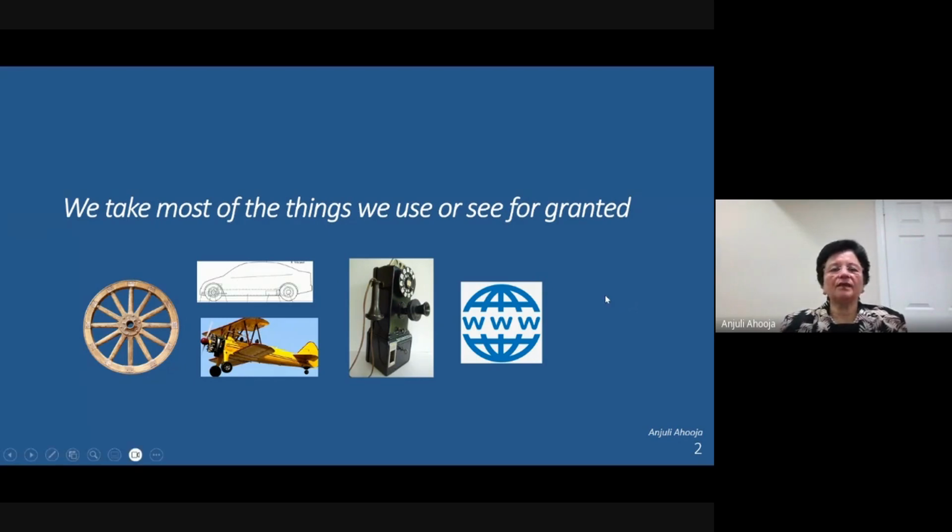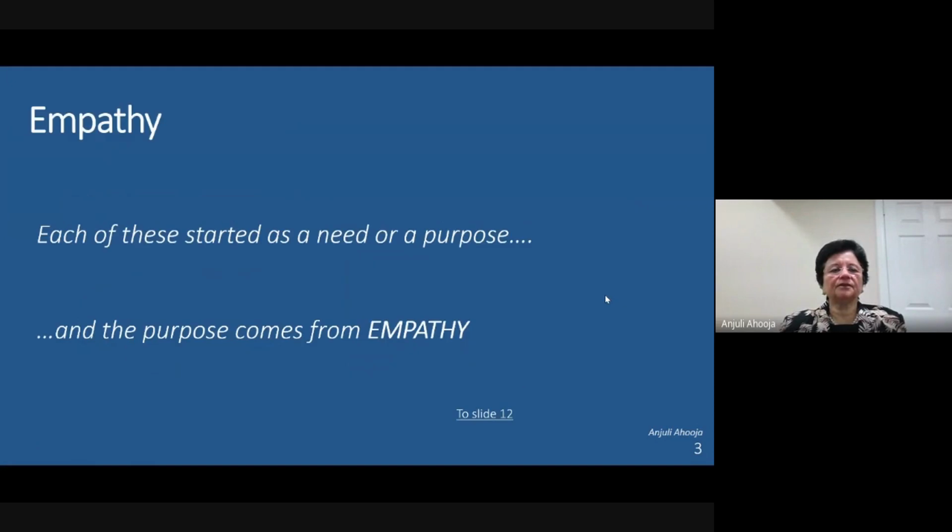But what is common in all of these things? Each of these started as a need or a purpose. So need and purpose are two things that actually start the making process. However, the purpose comes from empathy.